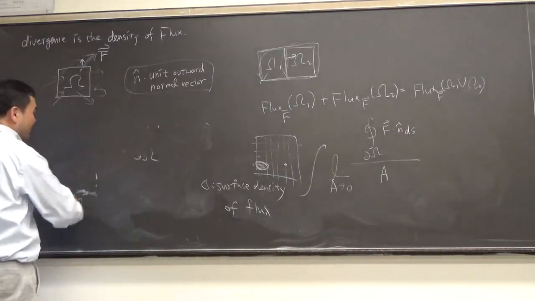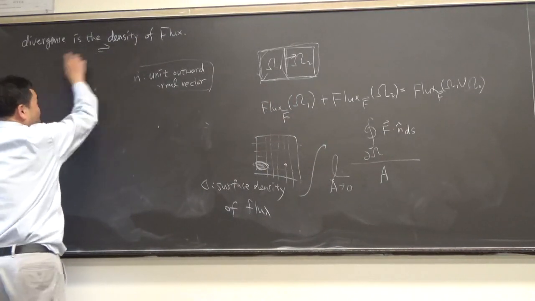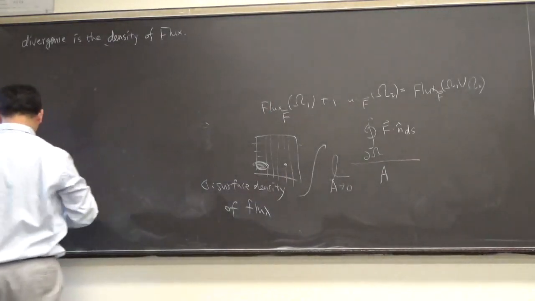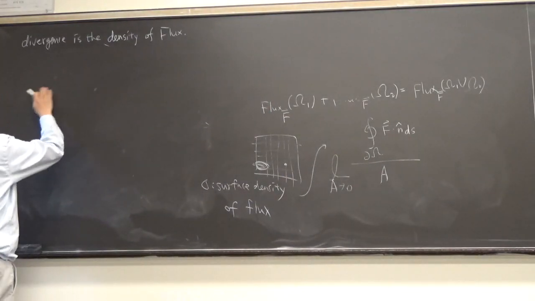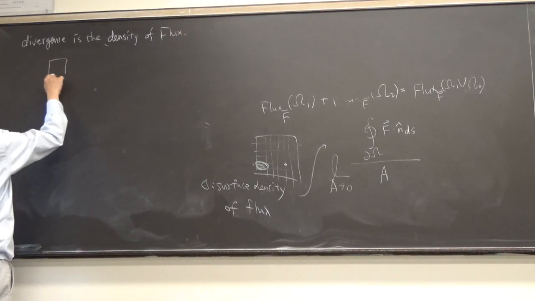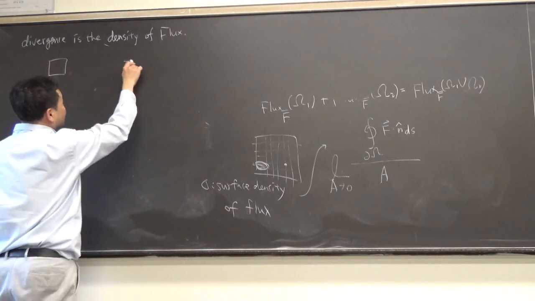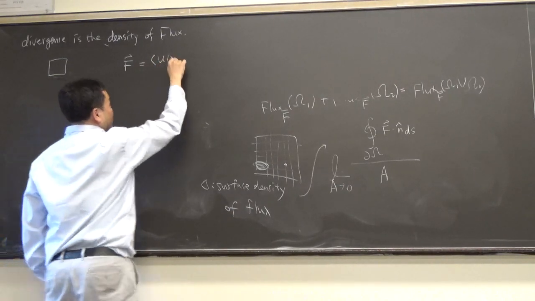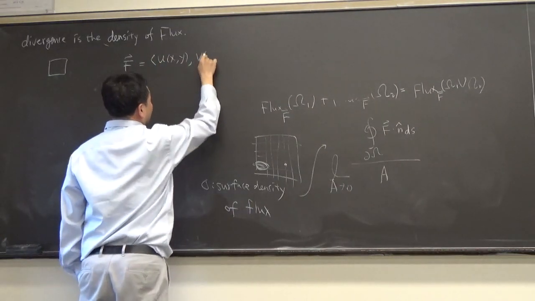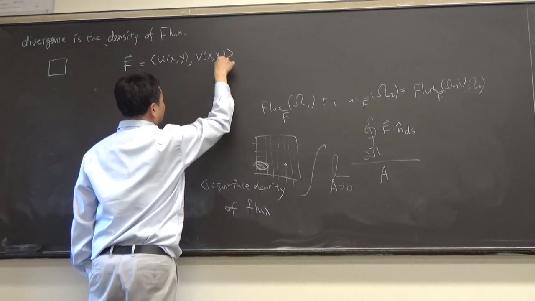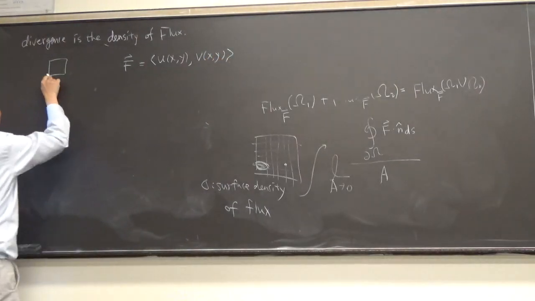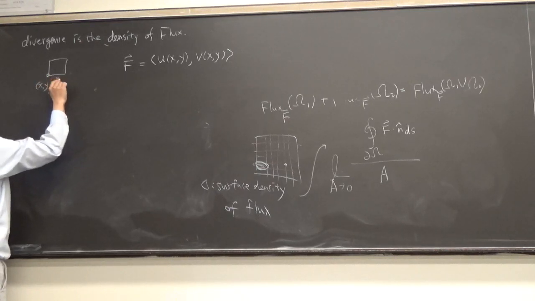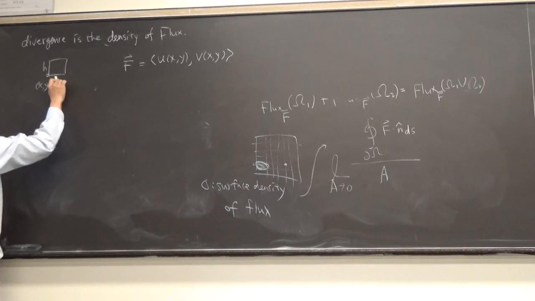So here's our claim, which I want to prove. Let's say F is (u(x,y), v(x,y)), and here's (x, y), and you have a very small box of size h by h.